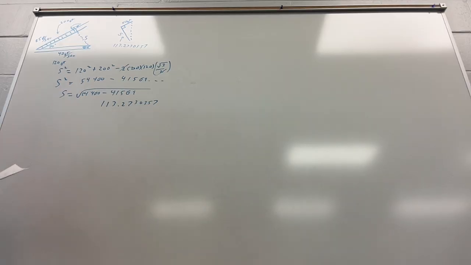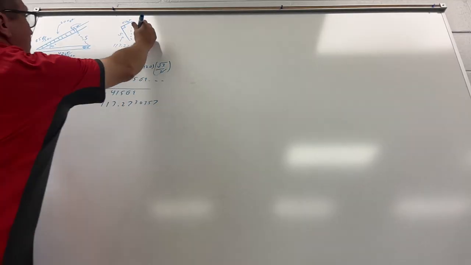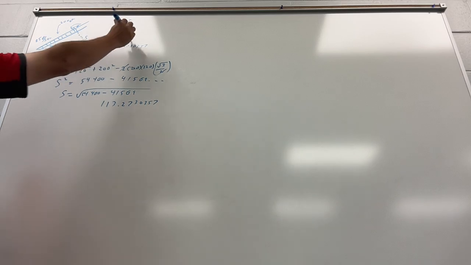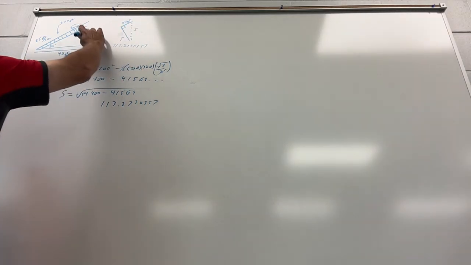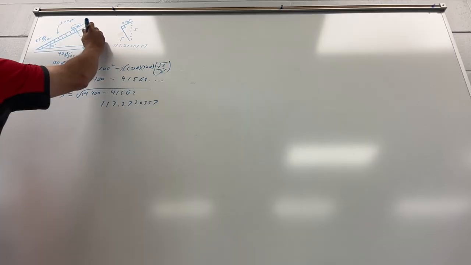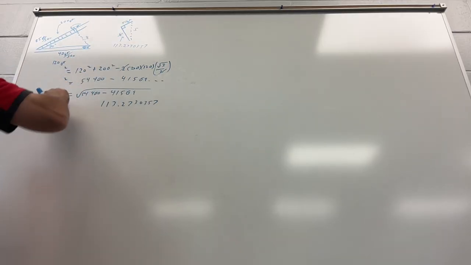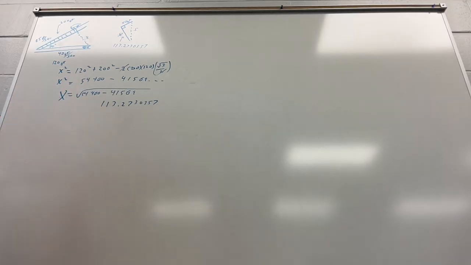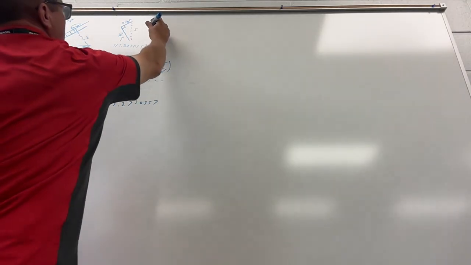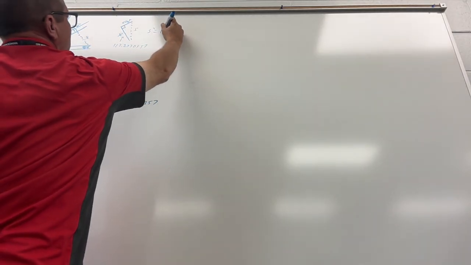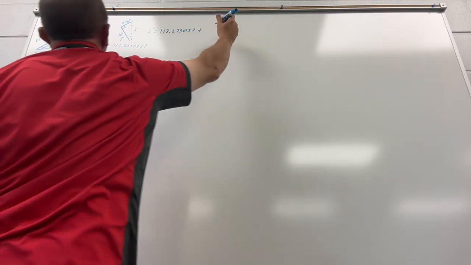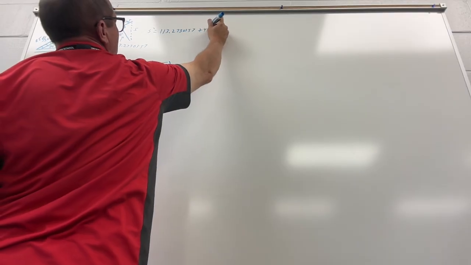All right, now we're going to use that value in the Pythagorean theorem to figure out what this length is here. I'm sorry, I should not have called this S. S should be this distance right here. So let's just call this X, and I need to change everywhere I have S written to X. Now, S squared is going to equal 113.2730357 squared plus 20 squared, which would be 400.